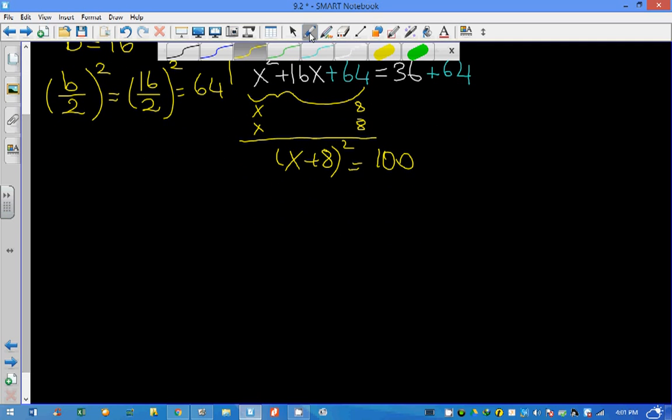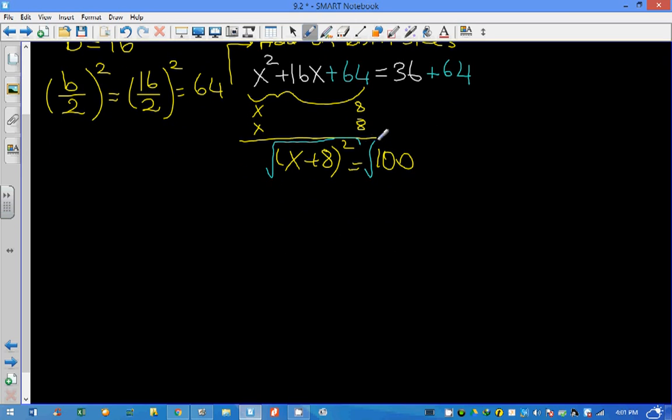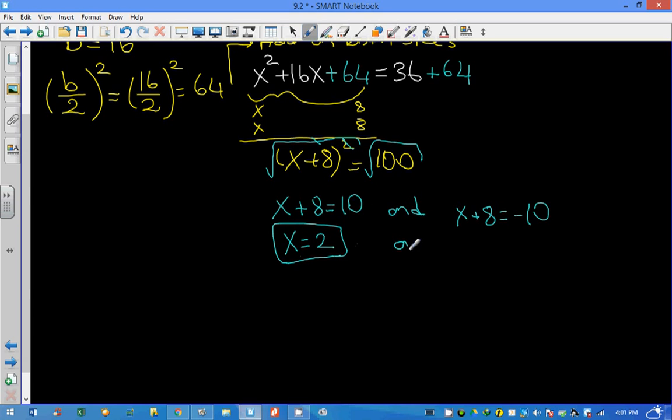And take the square root of both sides. x plus 8 equals positive 10, and x plus 8 equals negative 10. So x will be 2 and x will be negative 18.